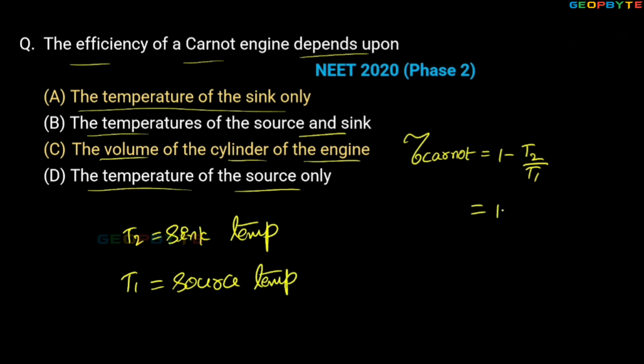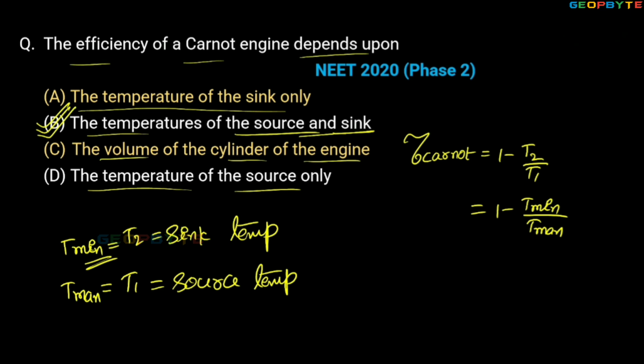We can also write 1 minus T minimum by T maximum. Here T maximum means source temperature, that is T1. T minimum means sink temperature, that is T2. Anyhow, the Carnot engine efficiency depends on not only source temperature but also sink temperature. Option B is absolutely correct.